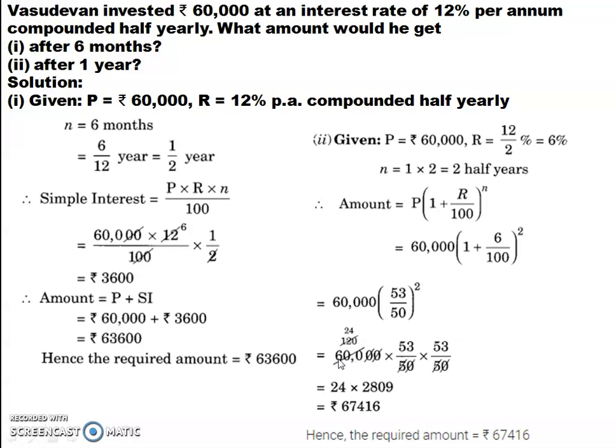So calculating it you will get 67,416. So after 6 months the amount is 63,600 and after 1 year the required amount will be 67,416.